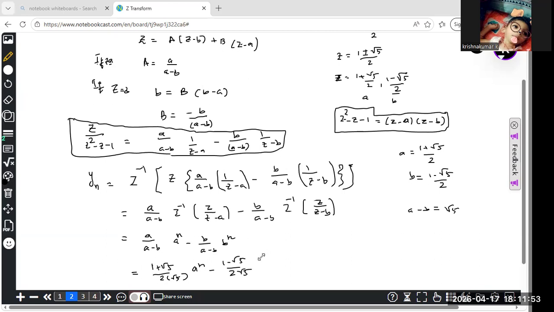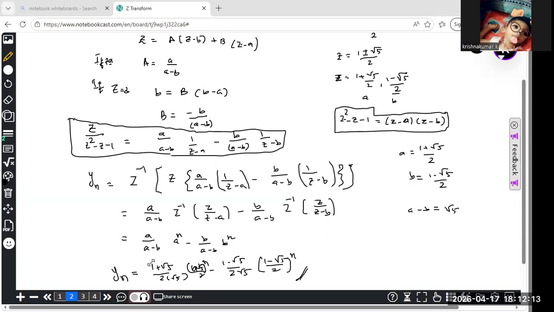And b is what? b is (1 minus root 5) divided by 2, so you write that also, whole power n, and here also (1 plus root 5) divided by 2 whole power n. Okay, so this is the solution of this equation.